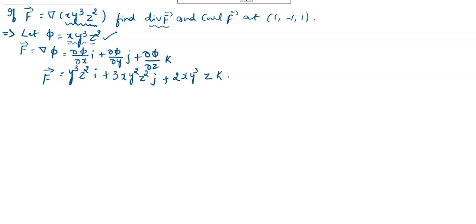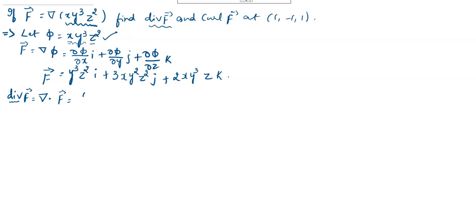Now we have to find the divergence of f vector. We represent the divergence symbolically as nabla dot f vector.